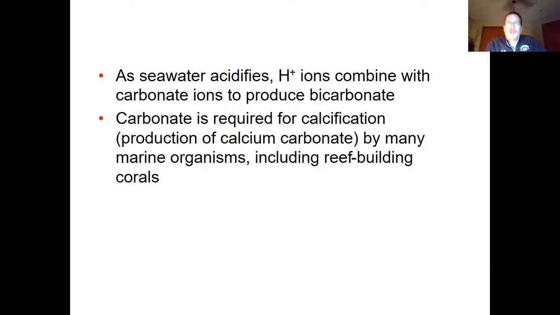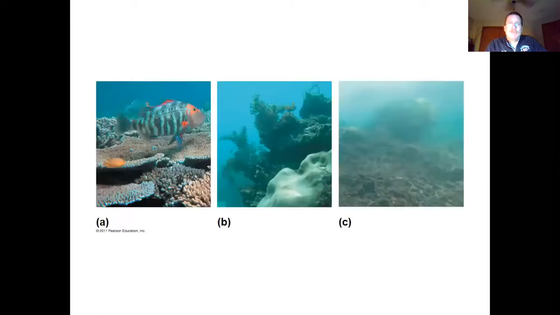Carbonate is required for calcification by many marine organisms, including reef-building corals and the shells of many marine organisms. And now you're removing it. Okay? And you can see what happens going from A to B to C. I believe these pictures are from your text, and what has happened to the ecosystem there.